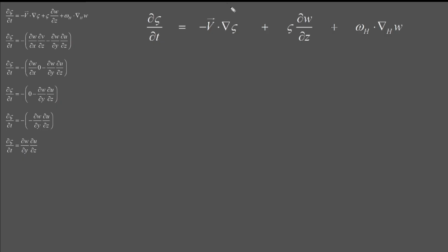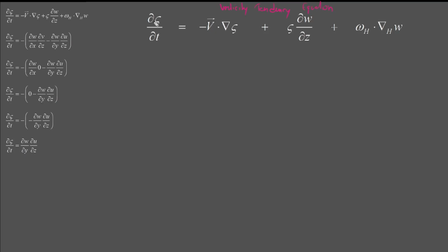Okay, so this one is called the vorticity tendency equation, right? Now this one here, d zeta dt, we already uncovered that vertical vorticity is called zeta in meteorology.